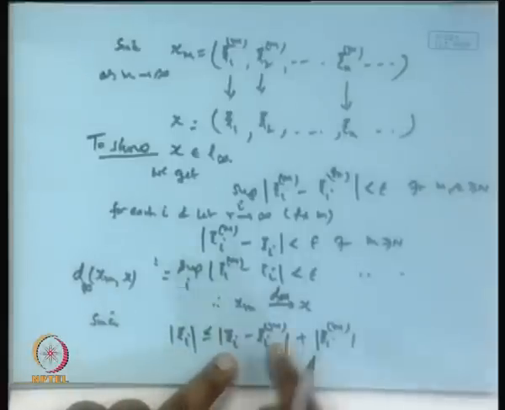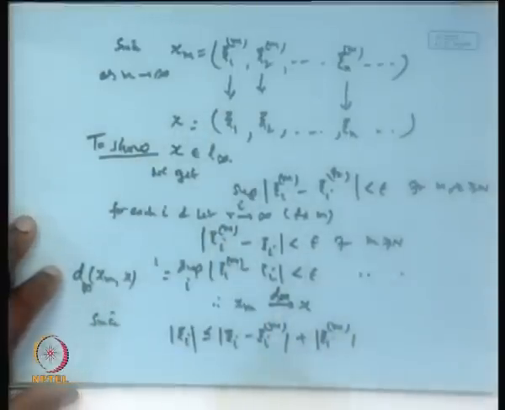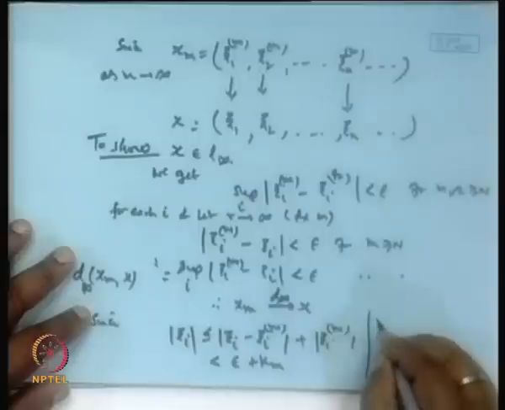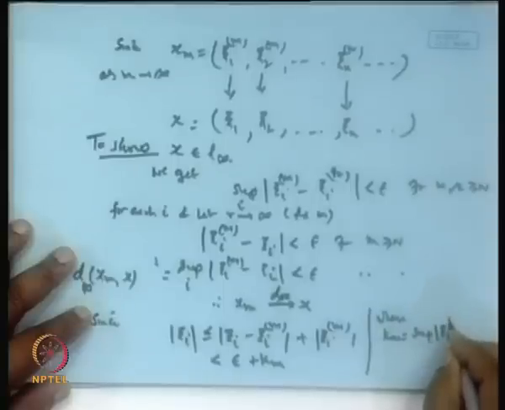Now, this part is less than epsilon_r, and this sequence x_m is in L infinity, so this is less than epsilon_r plus k_m, where k_m is the supremum of the modulus of xi_i^m over i.